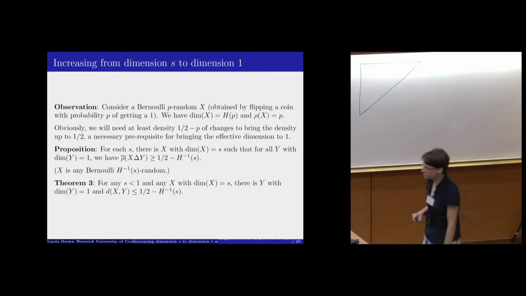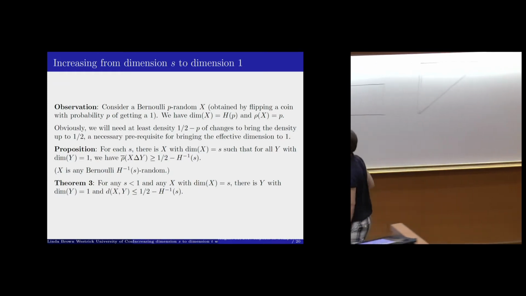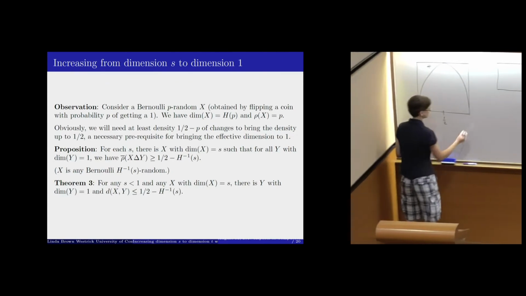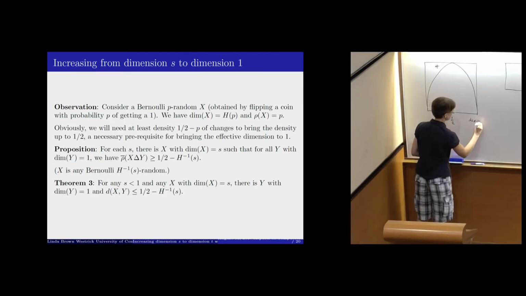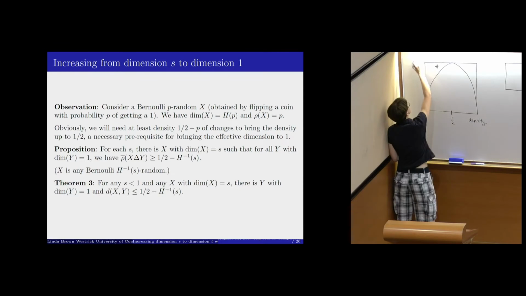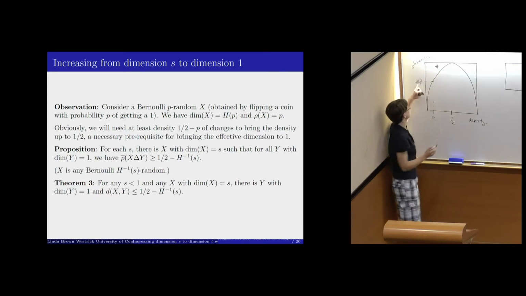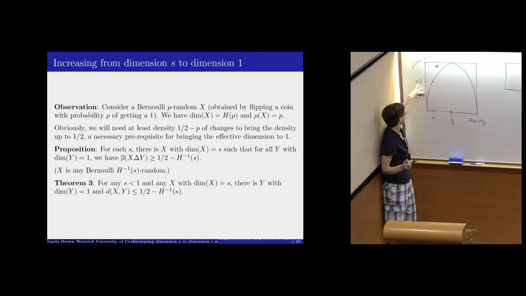If you look at this translation that you have between density and dimension that's given by the Shannon entropy function, then whatever p is, you've got some p here, and you can get probably relatively larger effective dimension for that real.